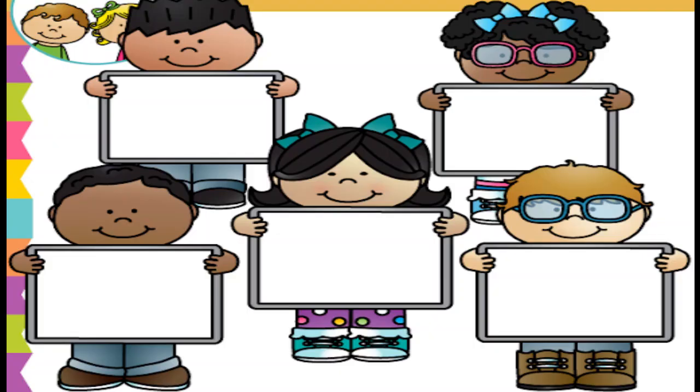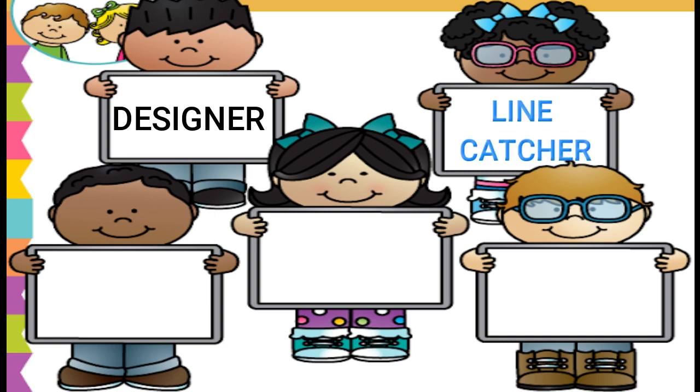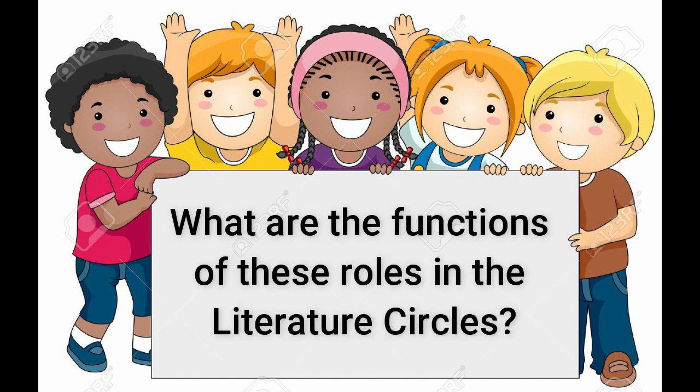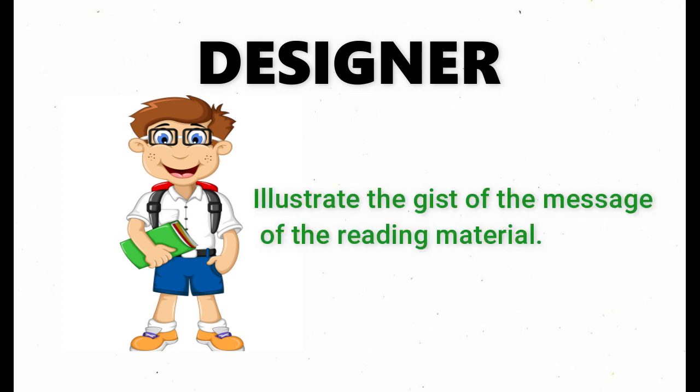The team members volunteer and agree among themselves who will assume the roles of designer, line catcher, link maker, reporter, and wanderer. What are the functions of these roles in the literature circles? The designer illustrates the gist of the message of the reading material.